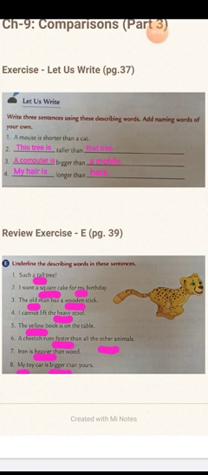Number 8, my toy is bigger than yours. Here the naming words are toy car and that's it. Yours is used in the form of pronoun. It's not the naming word. So here my is the adjective.